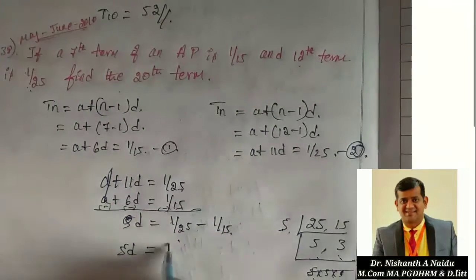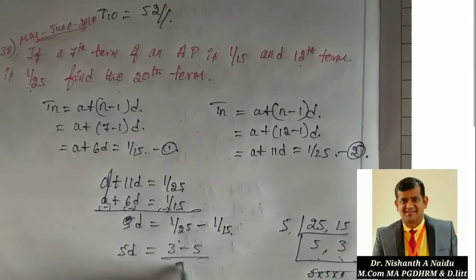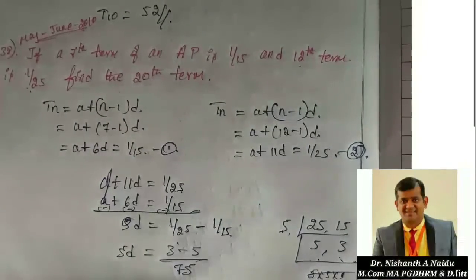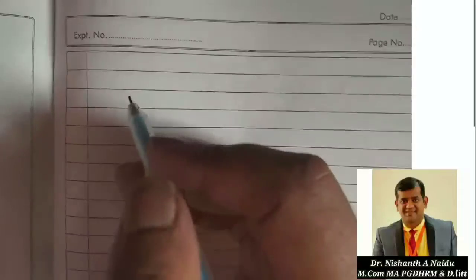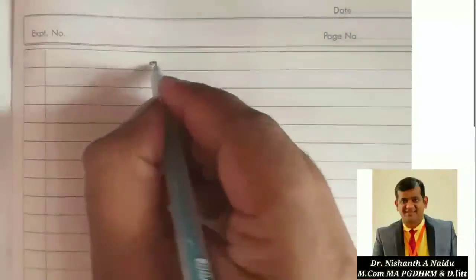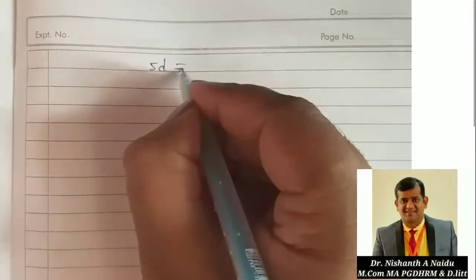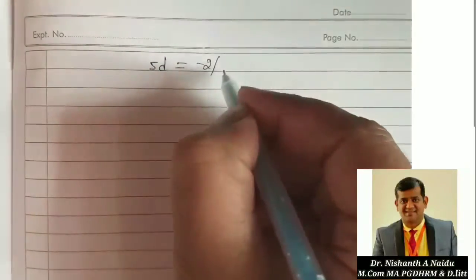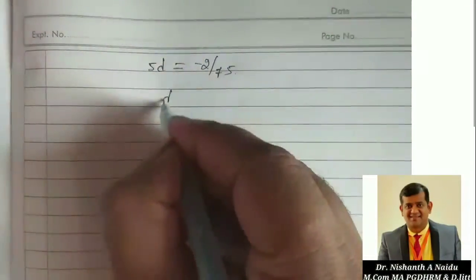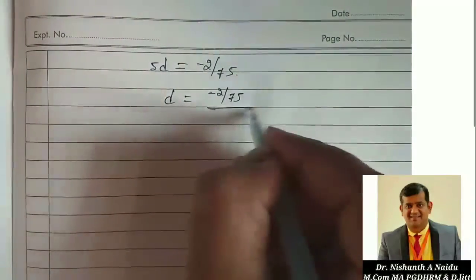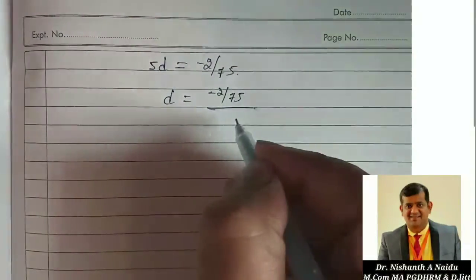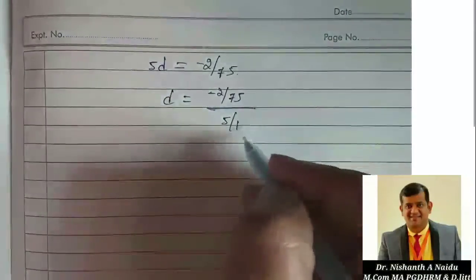So 5d equals (3 minus 5) divided by 75. In the next step, 5d equals minus 2 divided by 75. So d equals minus 2 divided by 75, divided by 5 by 1, this 5 I have taken here.